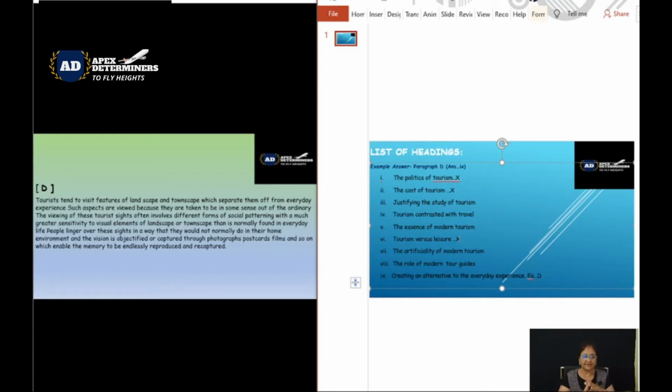Okay, right. Now, how do we choose the headings for the paragraphs? It is a well-known fact that in every paragraph that you read anywhere, in a newspaper or any book, the first sentence will always refer to the subject. The subject has to be mentioned either in the first sentence, very rarely in the second sentence.